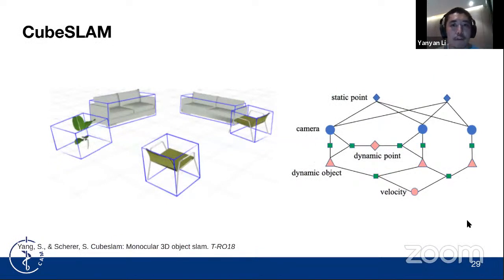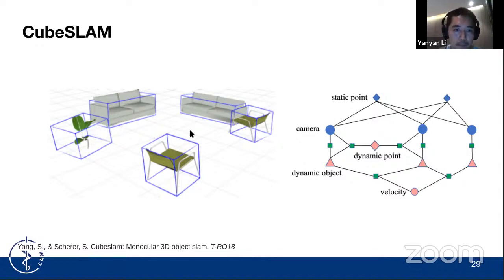And finally, I would also like to introduce some related papers in this area. CubeSLAM is also very popular. If you can find 3D bounding boxes for objects, you can also build the traditional graph into static points and dynamic points.